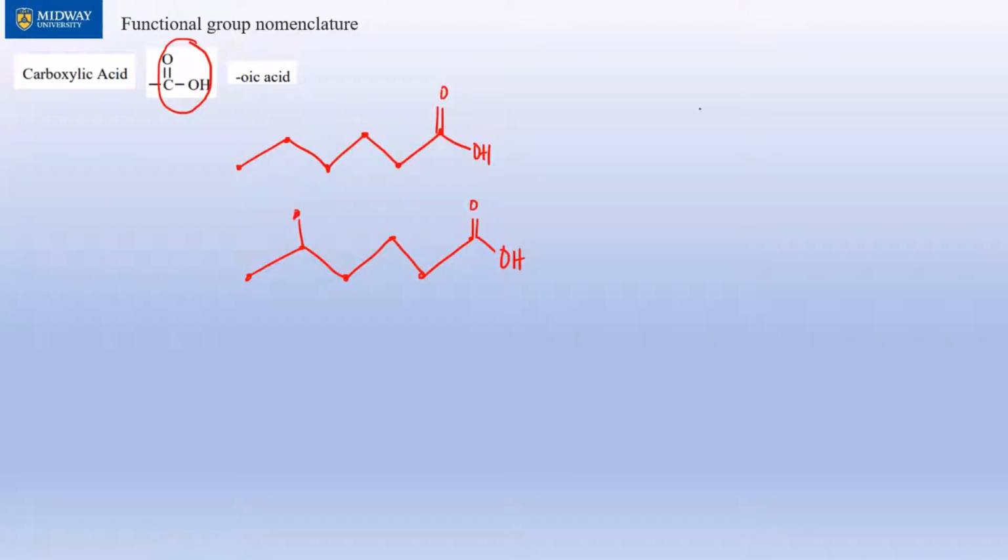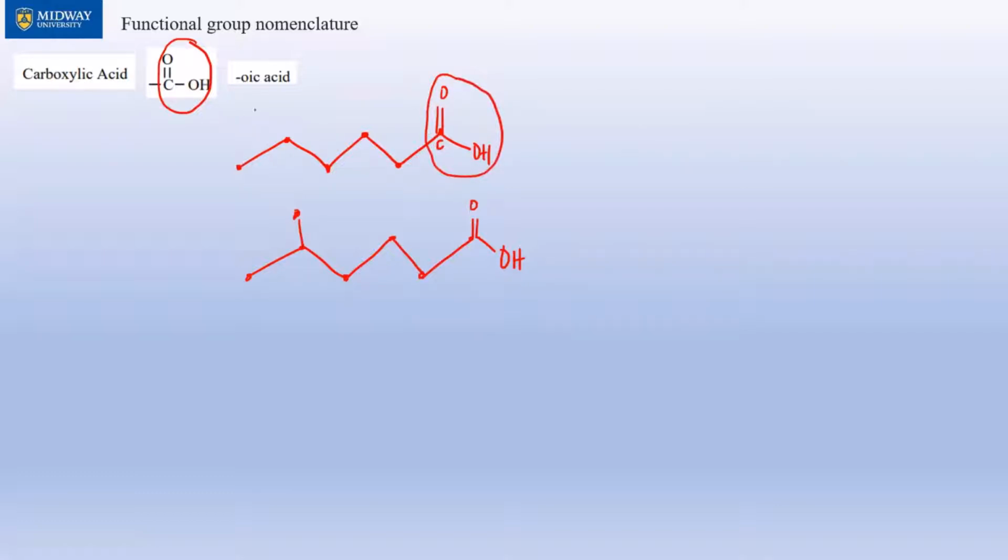Something that was not made clear to me when I first learned this, several years ago, was the numbering. If you think about it, this is a C. Now this itself is the acid functional group.